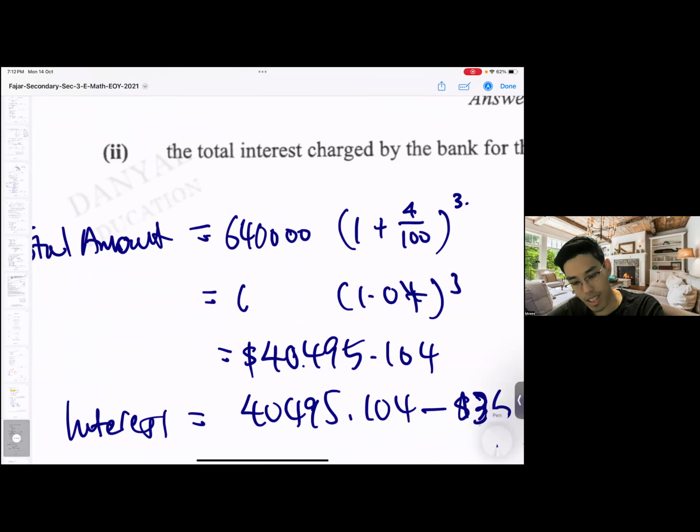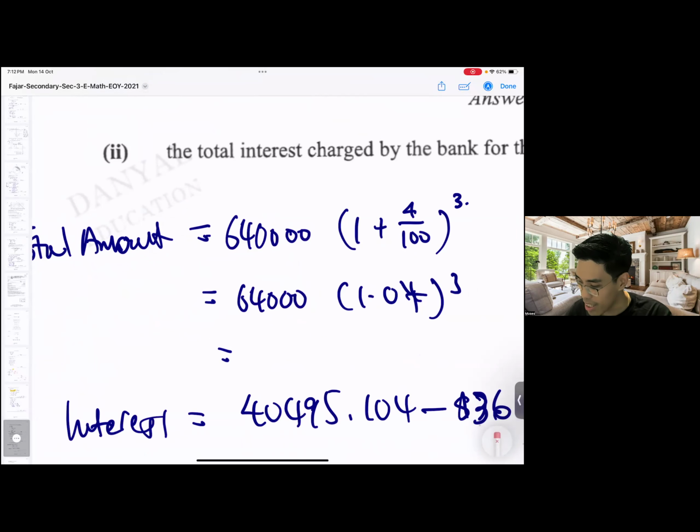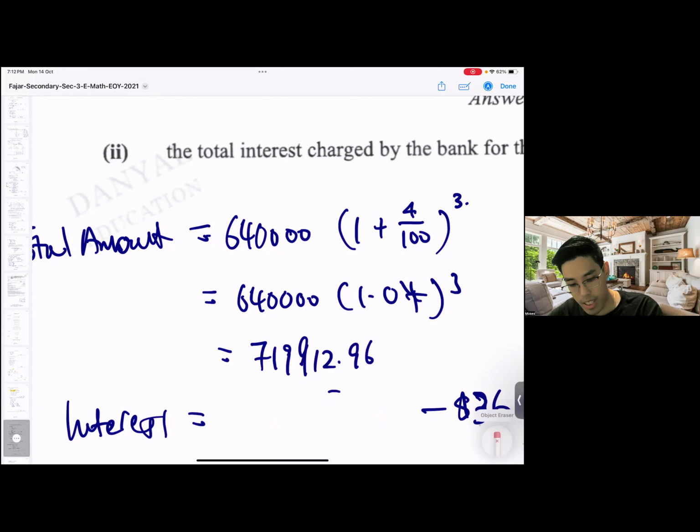640,000. A bit blurry. Okay, try again. 640,000. Okay, make sure the number of zeros are there, correct? Okay, times 1.04 cube. Okay, that will be 719,912.96. Okay, this one makes more sense now.